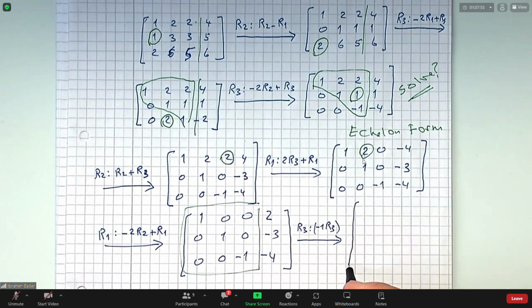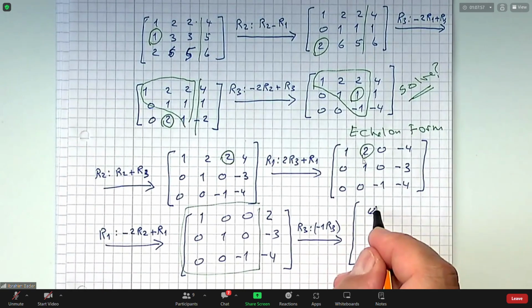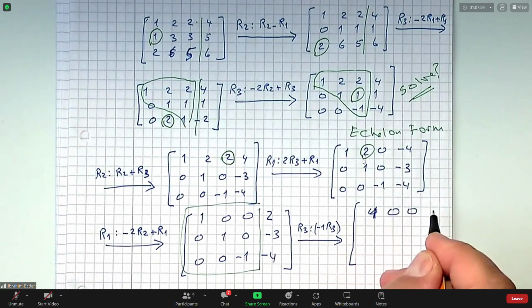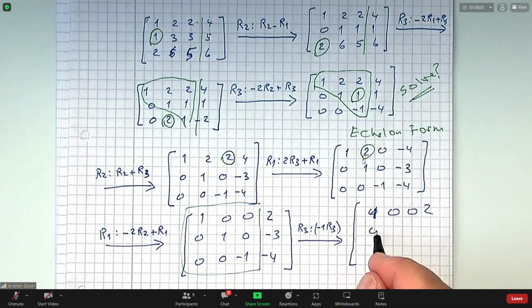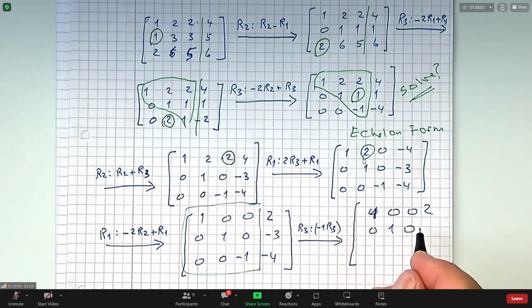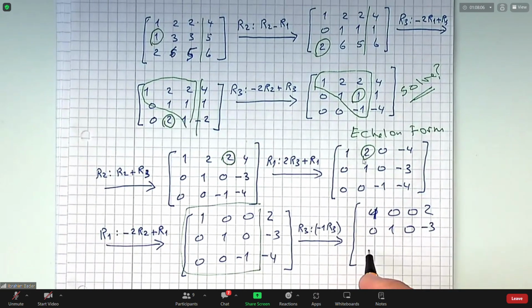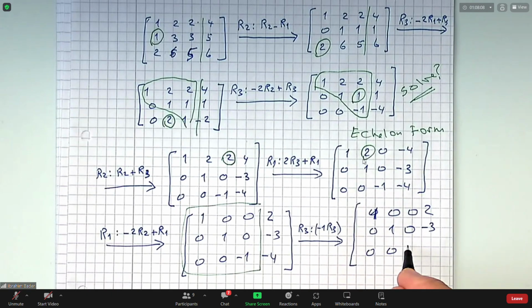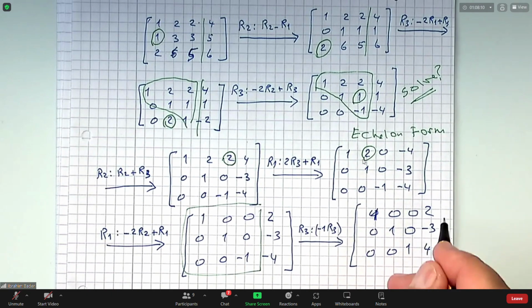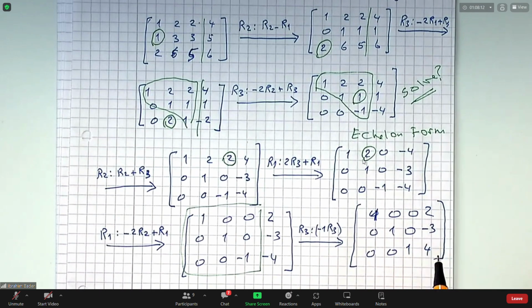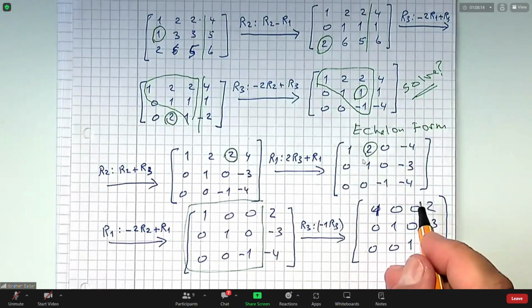So we get it in the right order: 1, 0, 0, 2, 0, 1, 0, -3, 0, 0, 1, and 4 here. Okay, so we are done.